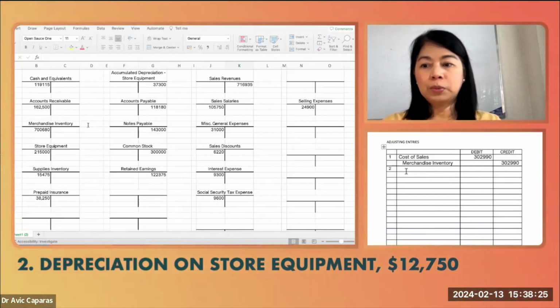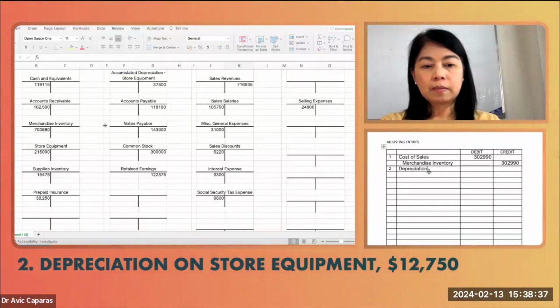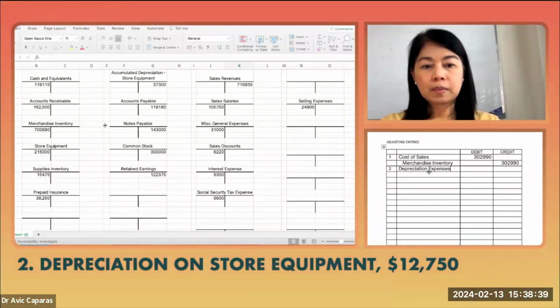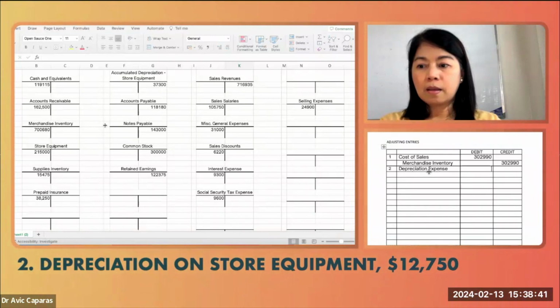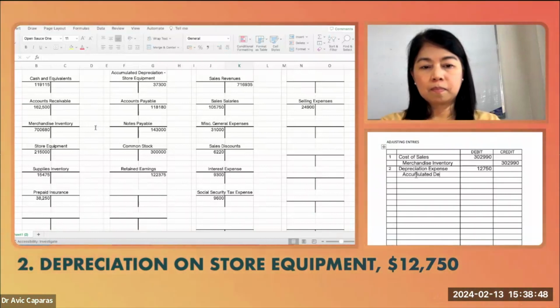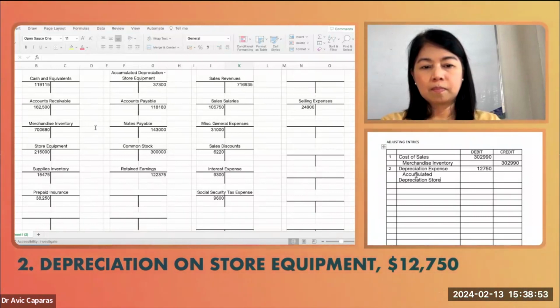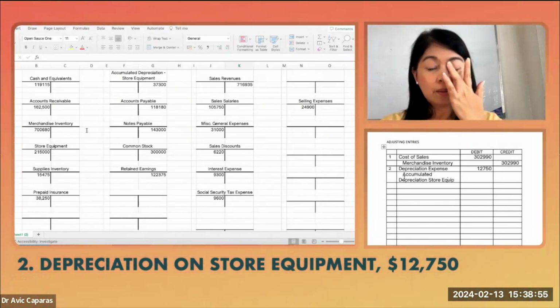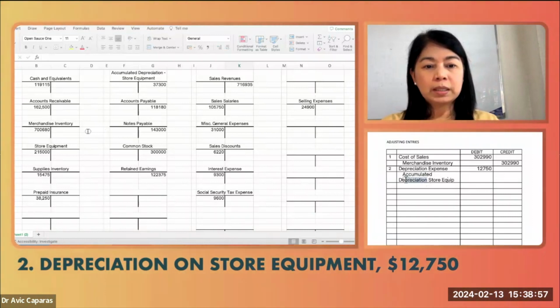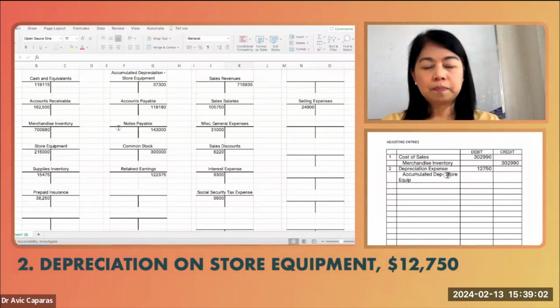Second entry would be depreciation expense, and we can just say accumulated depreciation, store equipment.